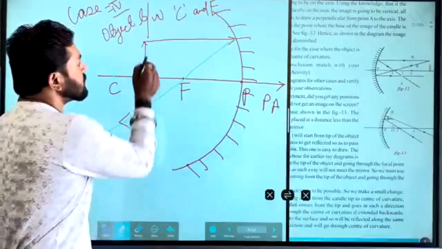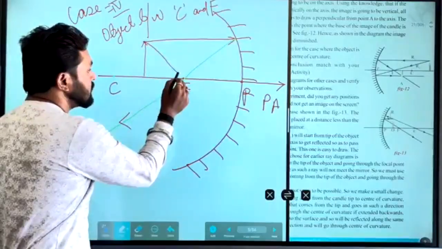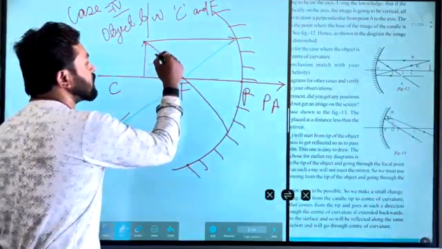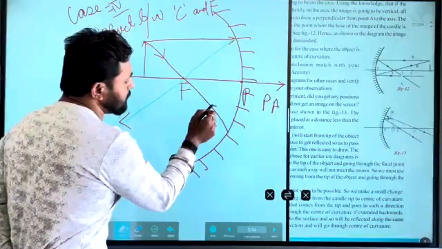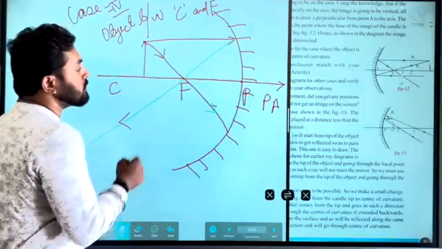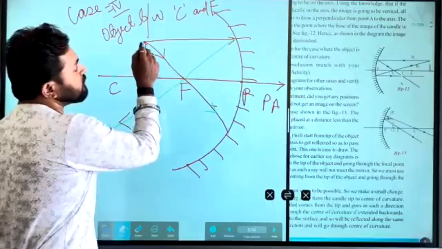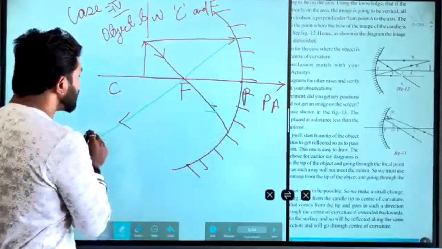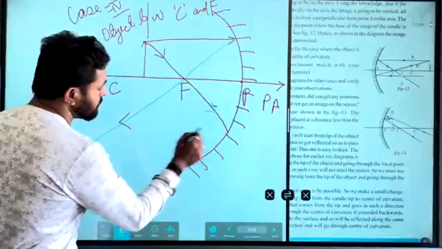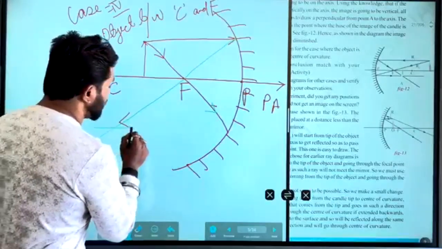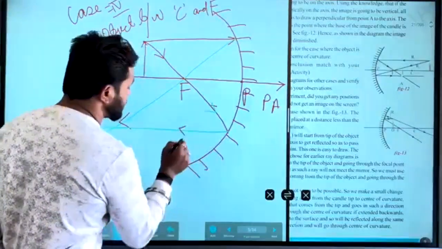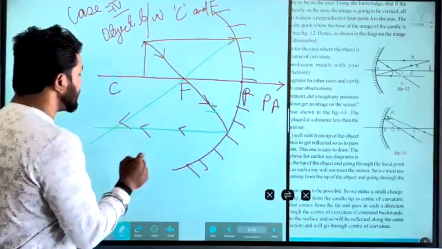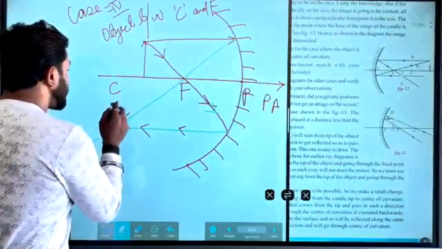The second rule says that a ray of light coming from infinity, passing through focus, after striking the mirror, it will get reflected, and it will meet at a point.